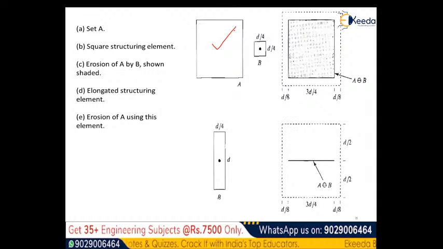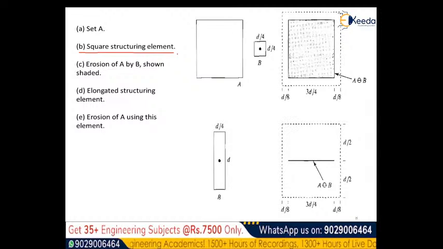Now what is going to help the erosion? That is the structuring element. The structuring element here has a square shape. The structuring element may have a square shape, a rectangular shape, or a circular shape here.